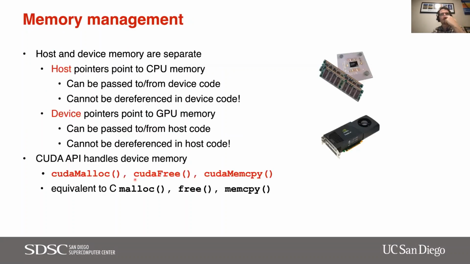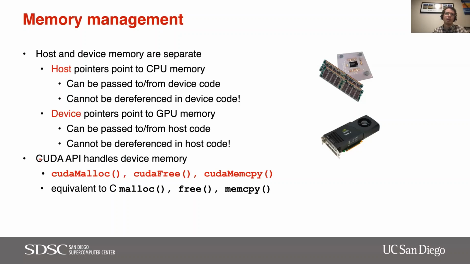So how do we do this? We have host pointers that point to CPU memory just in your normal C code, but we can pass them to the device code. So we can pass the pointer address, right? We cannot dereference them. We cannot use them. But then we have device pointers, so basically pointers that point to memory locations on the GPU. And again, those cannot be dereferenced in the host code.